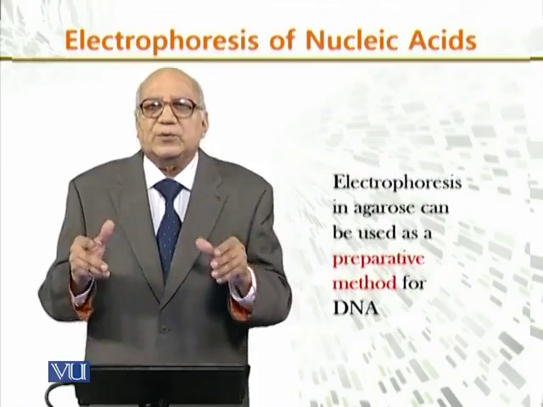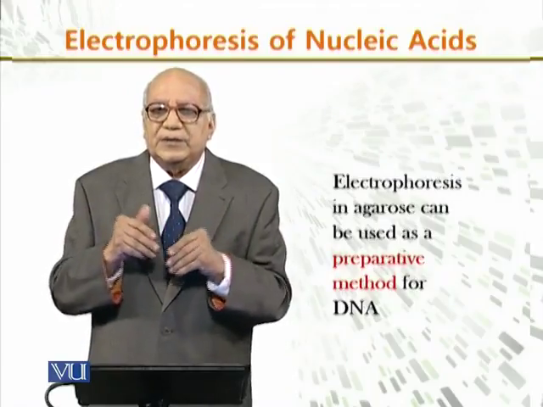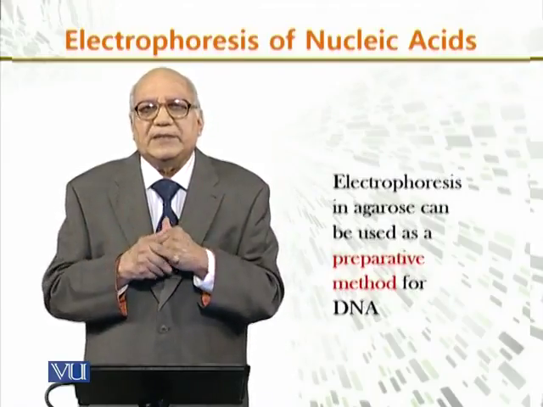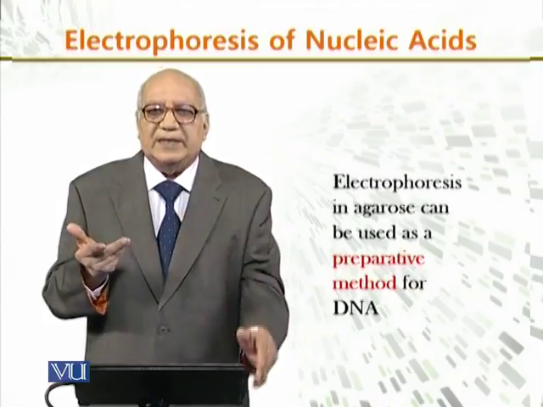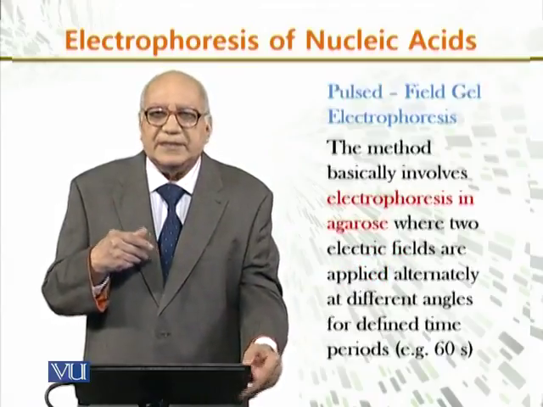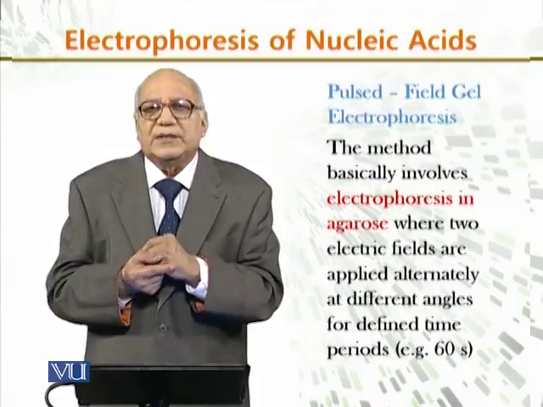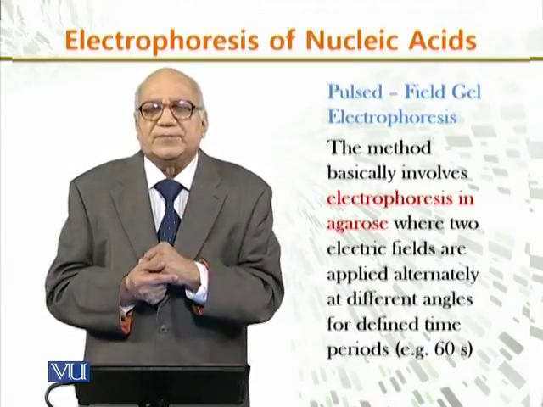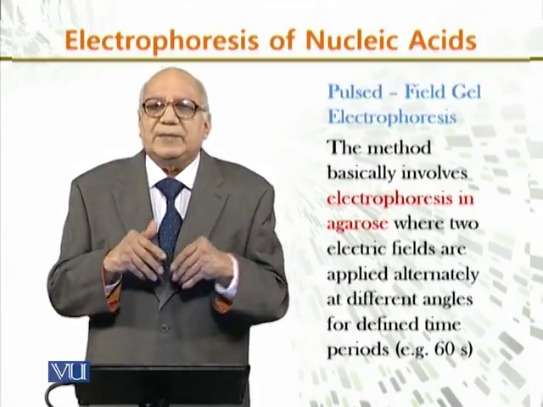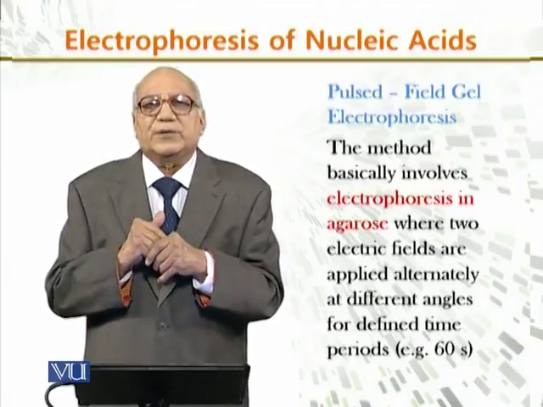Electrophoresis in agarose can be used as a preparative method for DNA analysis. That is, for DNA analysis, we have to use the electrophoresis method. Now, there are other methods like pulse field gel electrophoresis.